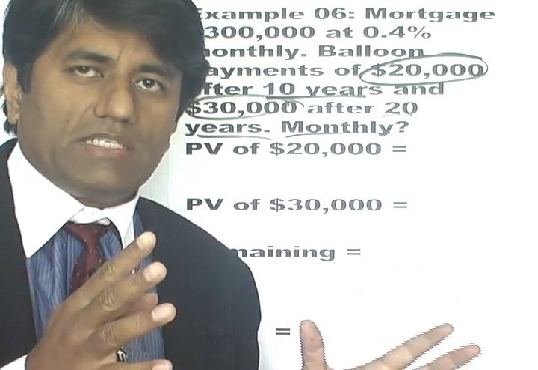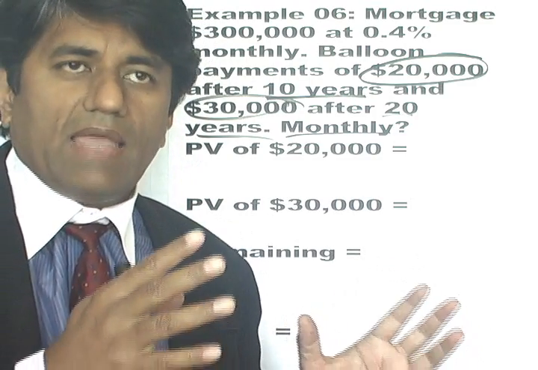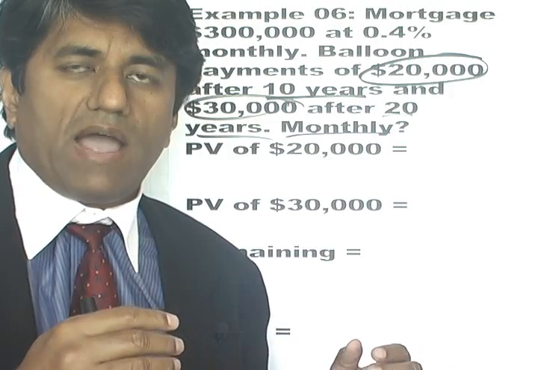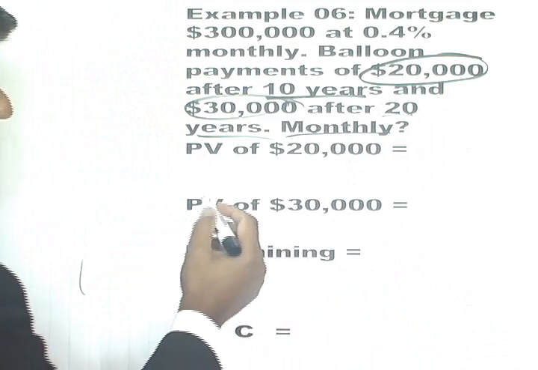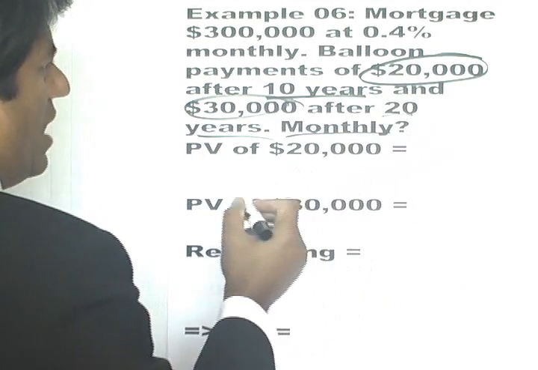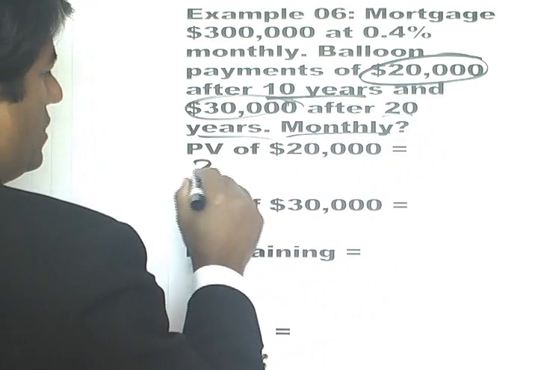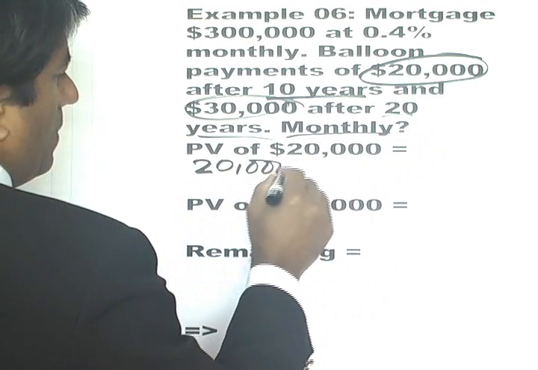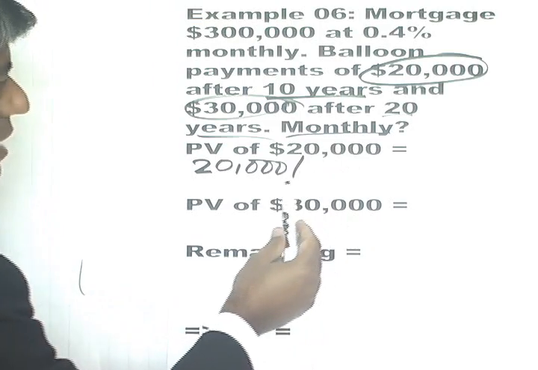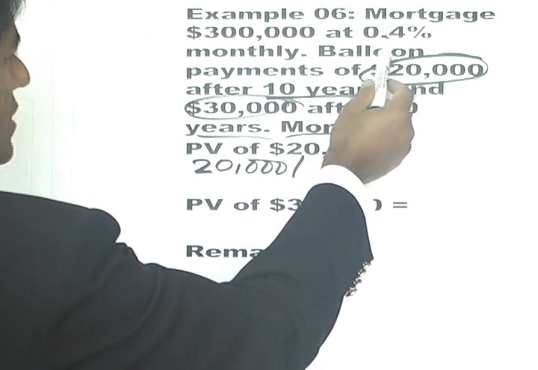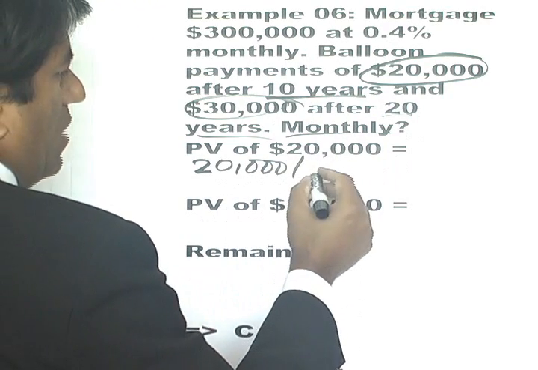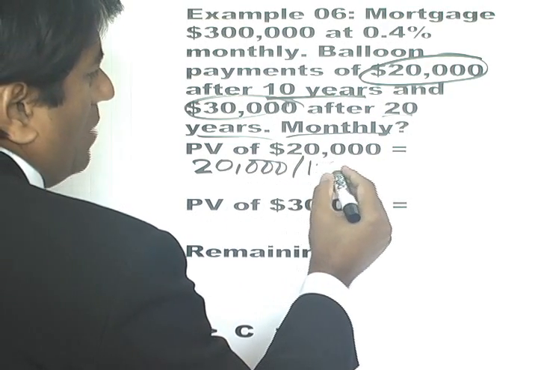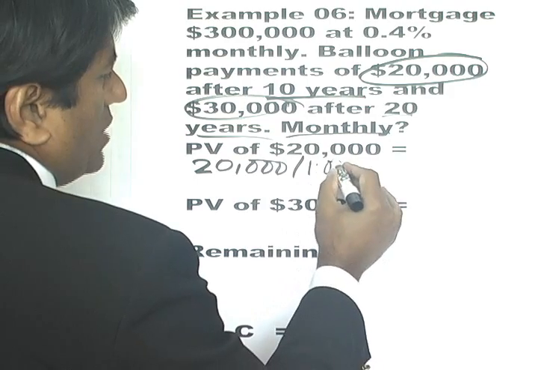I have this mortgage amount, this borrowed amount, and first what I'm going to do is find the present value of these balloon payments. The present value of this 20,000 balloon payment, if the monthly interest rate is 0.4%, is going to be 20,000 divided by 1.004.